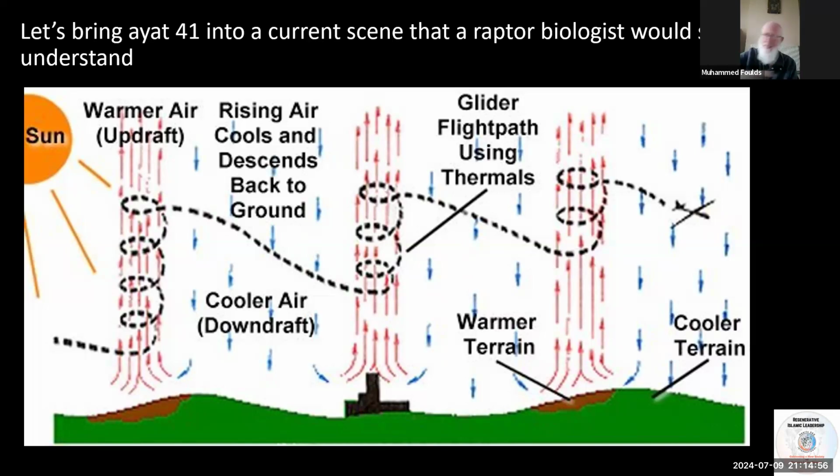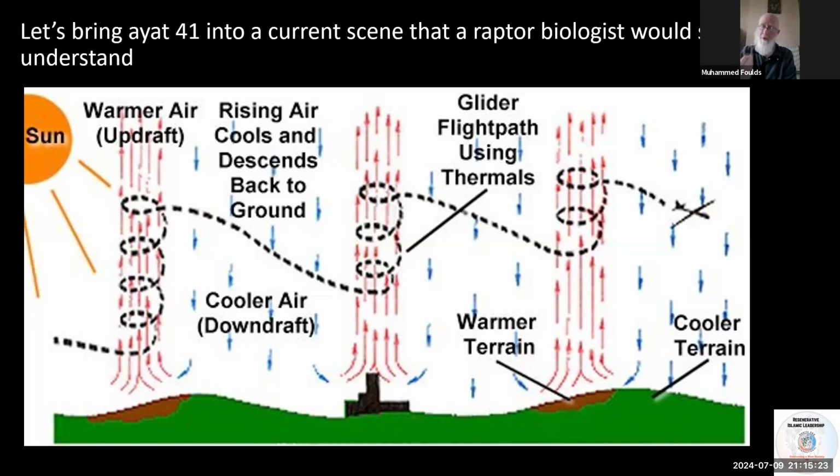It's not just desert, it's mountain range. And you can see here this whole process: warmer air, updraft, cooler air, downwards, rising air cools and descends back to ground. And Sister Hafsa, alhamdulillah, put this together. Then it shows you a glider's flight path. And this is all showing you thermals.